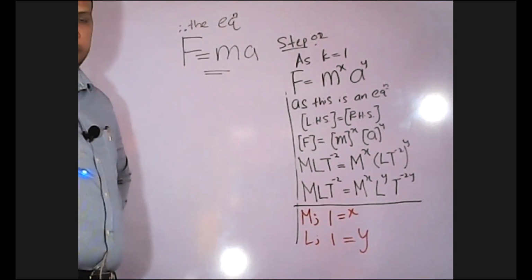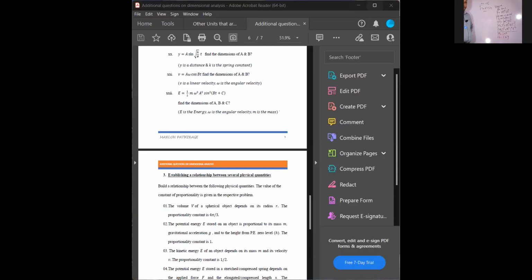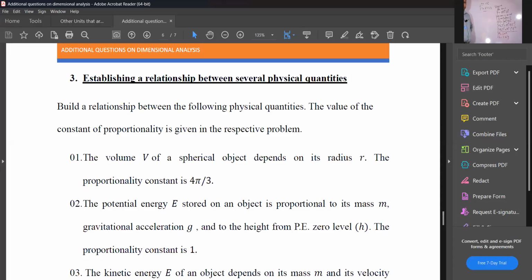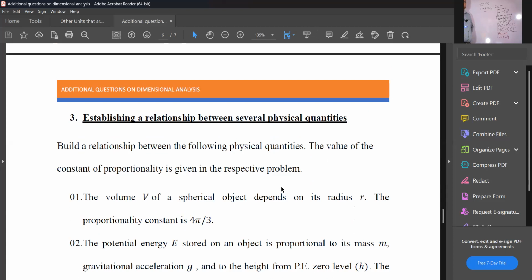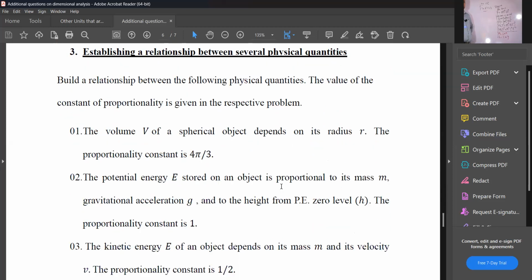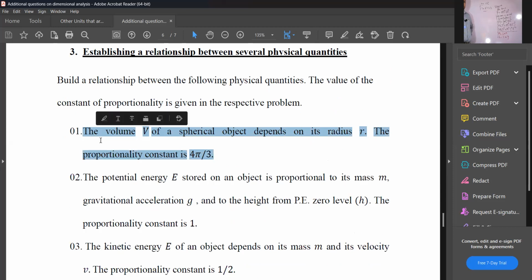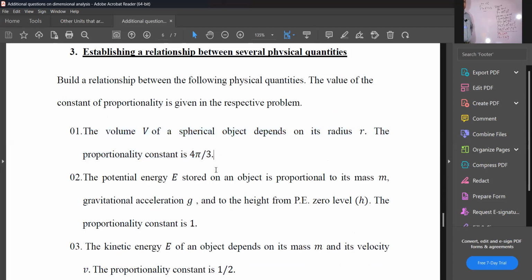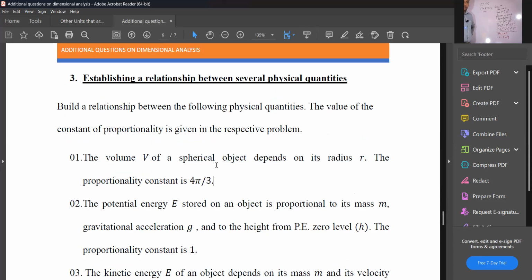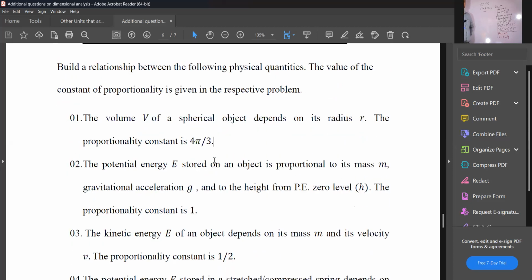Shall we do some examples? Okay, you have to write the question first, then the answer, because this is not a tute.